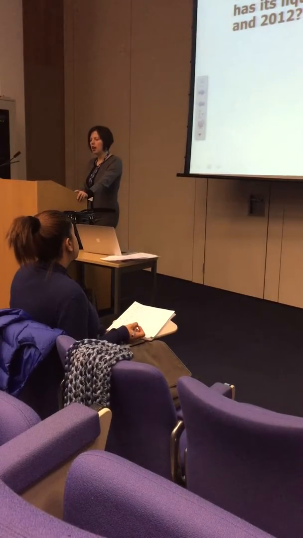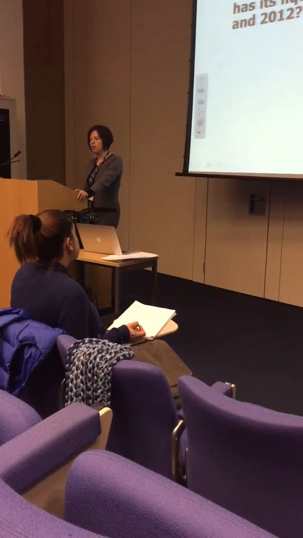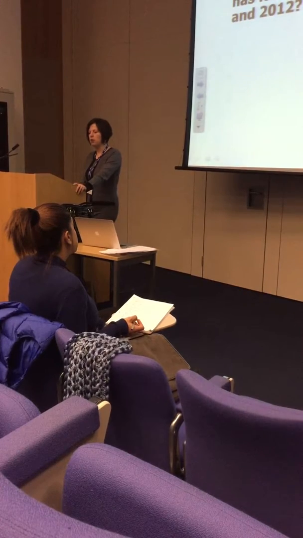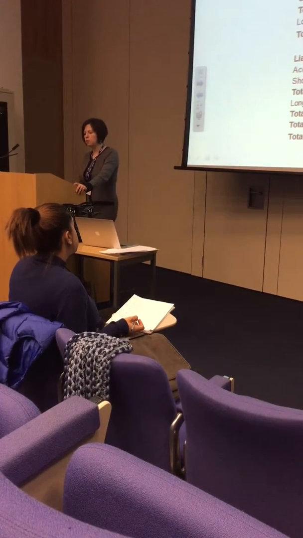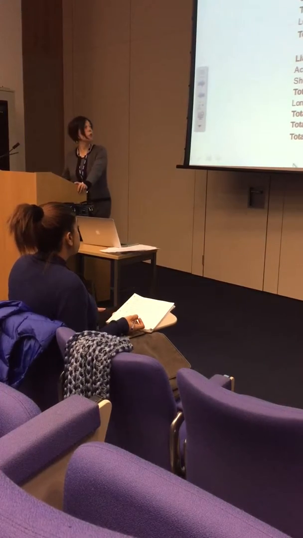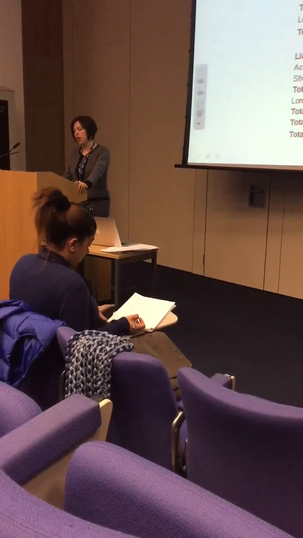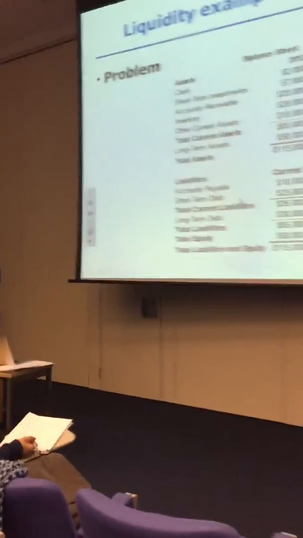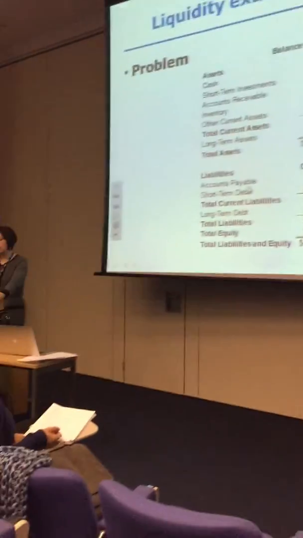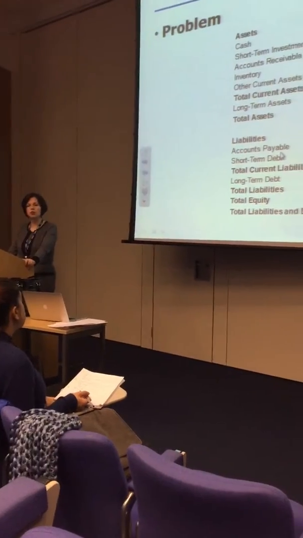So I've included a problem again from one of the early lectures. I think there is no need for us to spend much time on it now, but let's look at it briefly. If we were to calculate all these ratios, how do we calculate the current ratio based on this data?